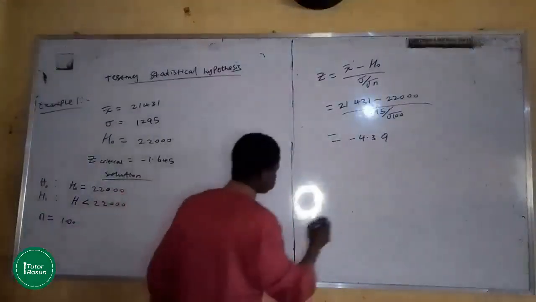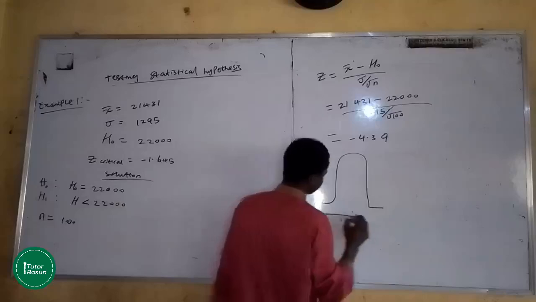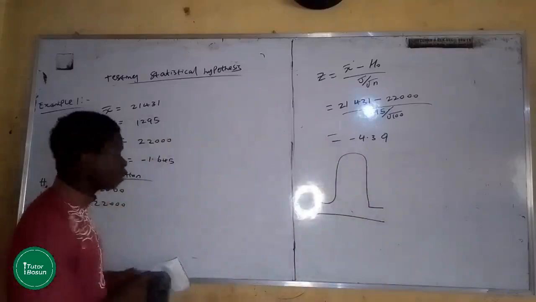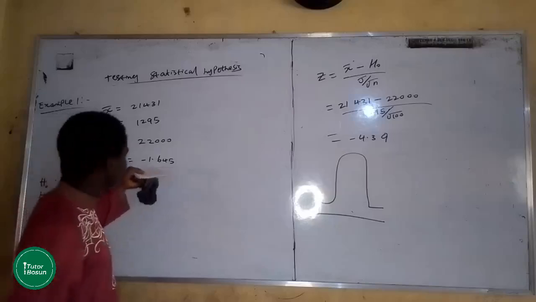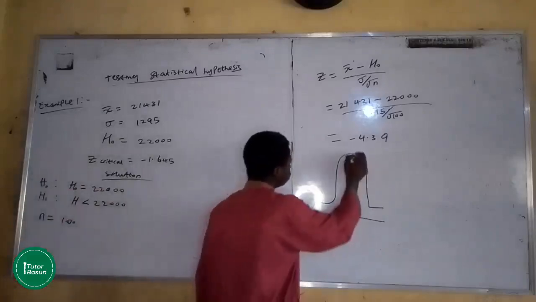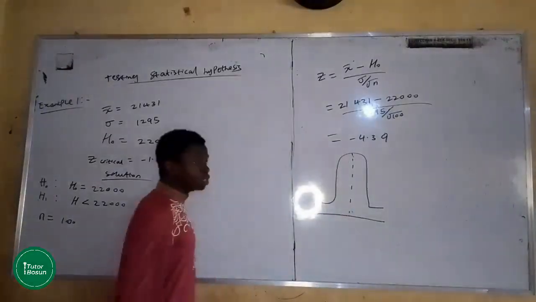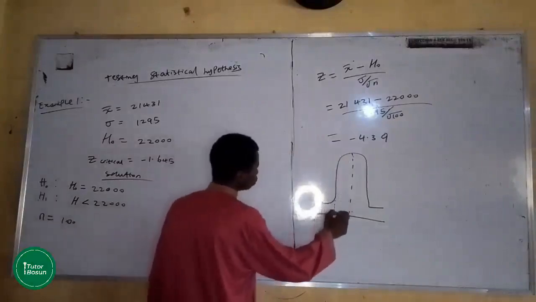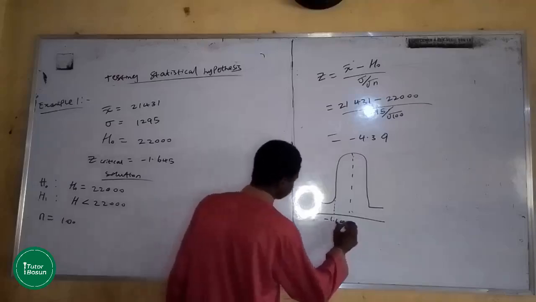So we can now draw or plot the distribution. By plotting the distribution, as you can see, you plot your distribution with your critical value. The critical value you're given is what? Is a negative, minus 1.645. So it will be on this side. So the distribution is symmetrical. So your critical value will be around here, which is minus 1.645.